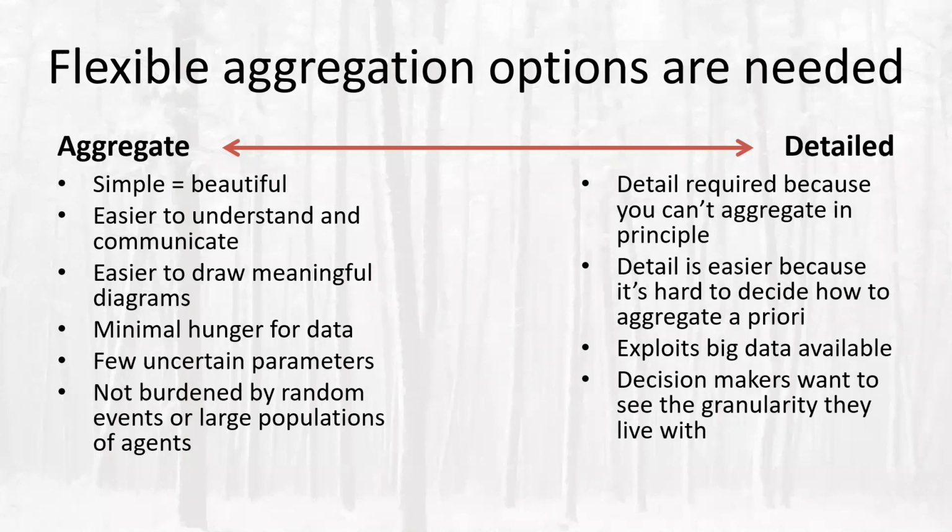But on the other hand, in the real world, unfortunately, there are things that you just can't aggregate even in principle because of nonlinearities. And so you need some kind of detail. There are also cases where developing an aggregate representation of something is hard because you don't understand how to do the aggregation.